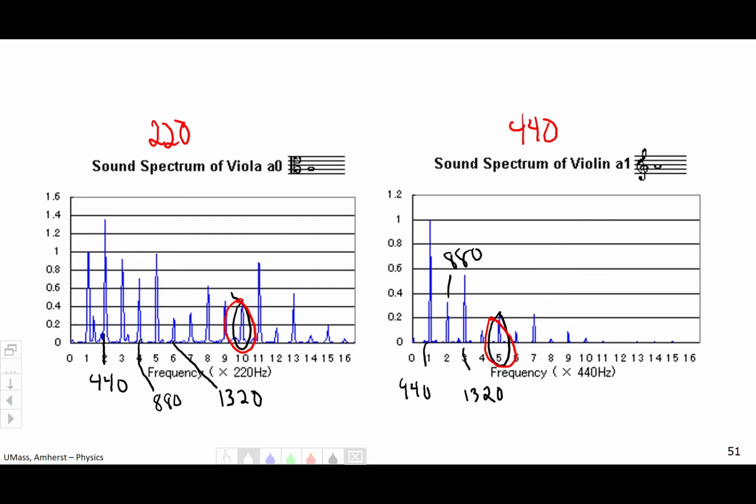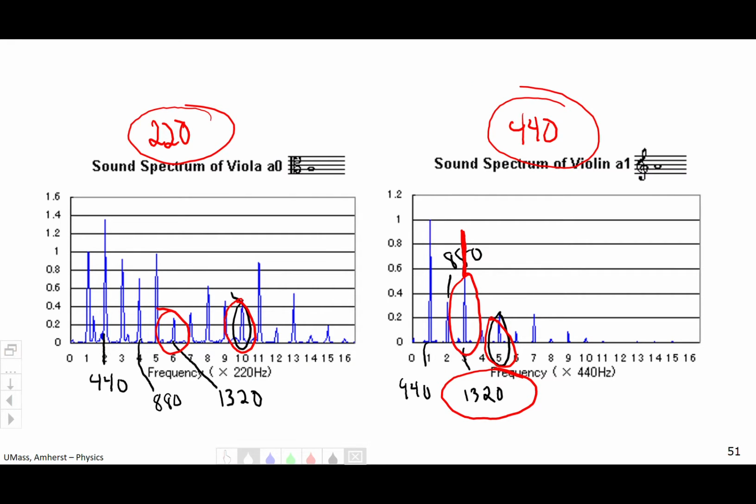So when you put this 1320 on top of this 1320, the result is going to be somewhere up here, which is almost as loud in amplitude as the original 440. So you would hear this note that is 1320 hertz amplified, even though the base frequencies are 220 and 440.